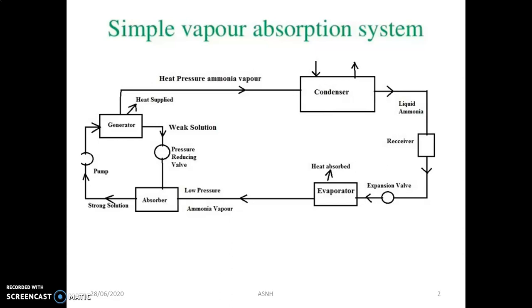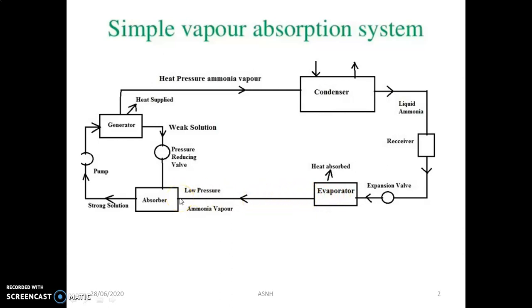So let us start with the working of the vapor absorption refrigeration system. The ammonia vapor coming from the evaporator section enters the absorber.